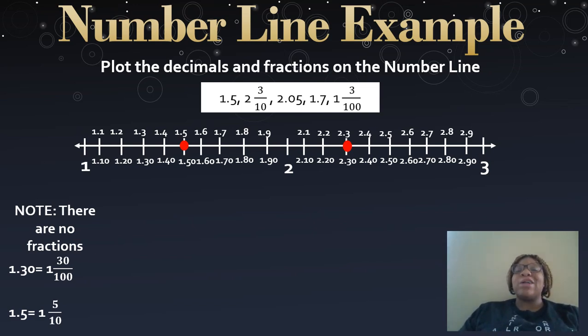2 and 500, something I'm going to come back to. So let's hold 2 and 500 to the end. Let's look at 1 and 7/10. That's already there. This right here is 2 and 3/10.